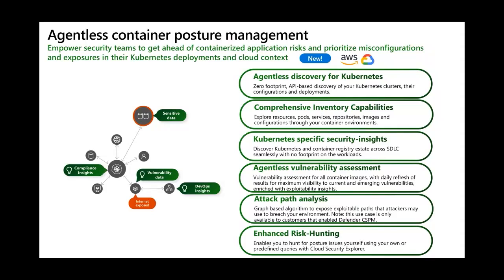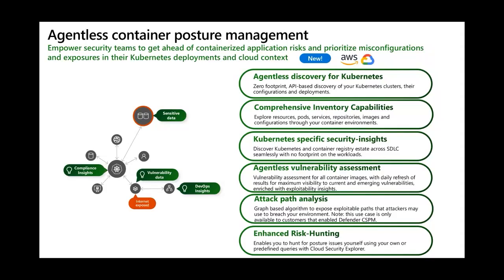After being able to discover your Kubernetes cluster, we're able to provide comprehensive inventory capabilities. So we're able to show you what resources exist on the cluster. So for example, showing you the different pods, services, namespaces that may exist on your Kubernetes cluster.